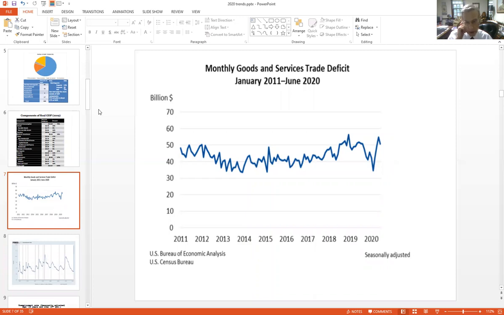Here is that trade deficit, that 5% deficit that we were talking about. In terms of monthly deficits, the differences between imports and exports, you can see that it runs around $50 billion per quarter. It had been going up, dropped during the past year, but then picked up again. So, give or take, we're at about a $50 billion deficit.